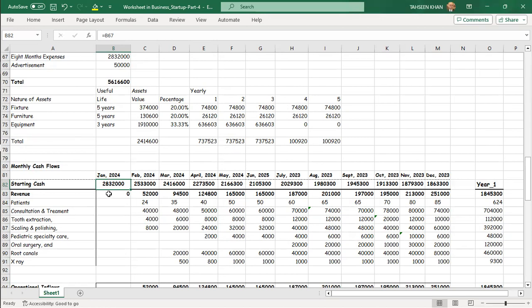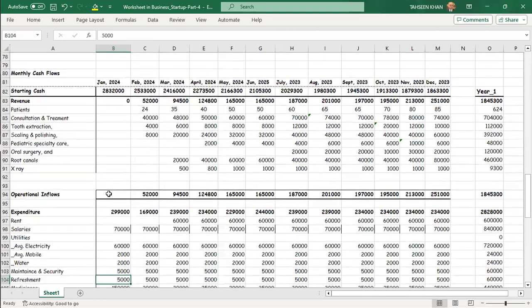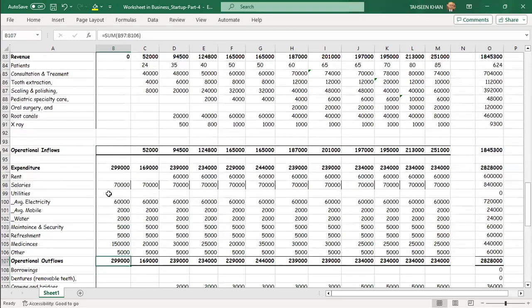So that is considered to be the starting cash for your business. Now here we have the first month expenditure, which comes to 299,000.